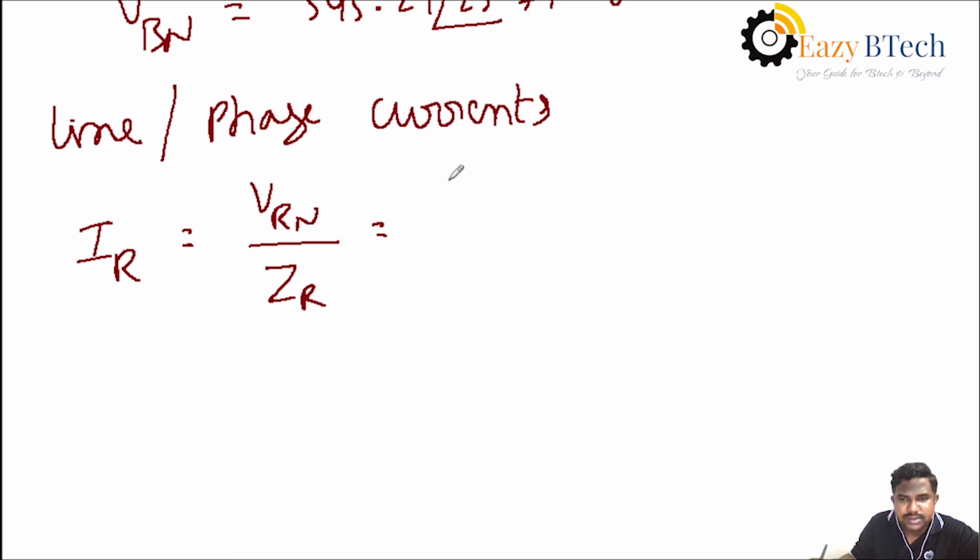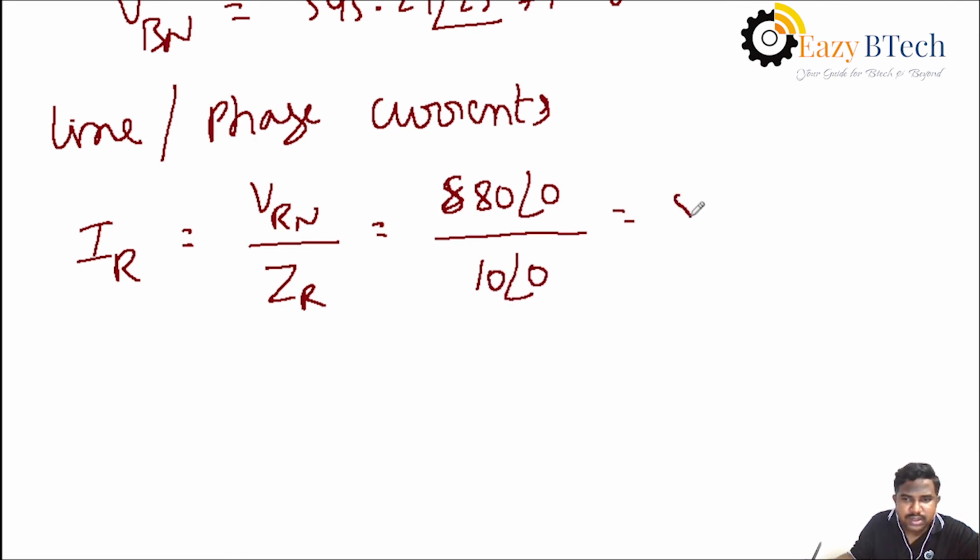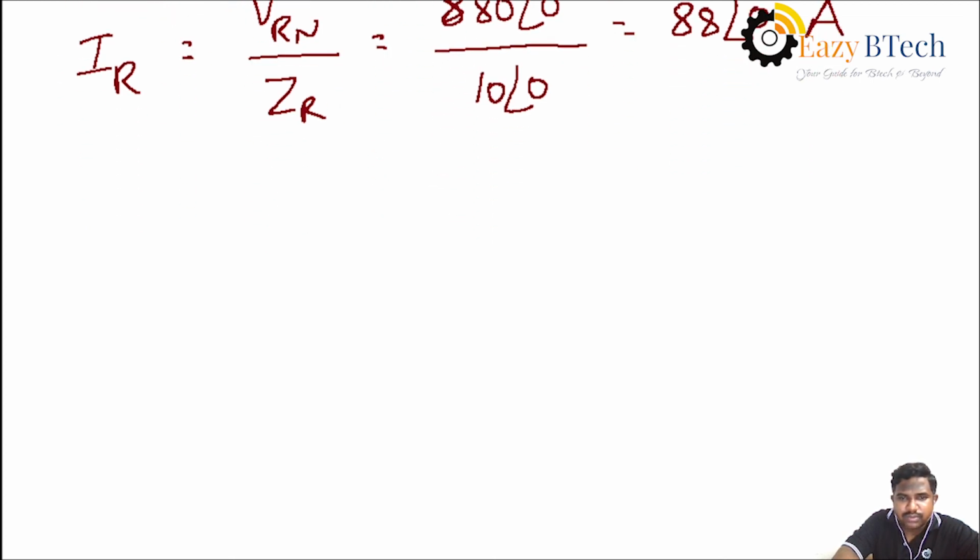The VRN value is 880 volts at an angle 0, by ZR is 10 at an angle 0. That is, the value is 88 at an angle 0 amperes.